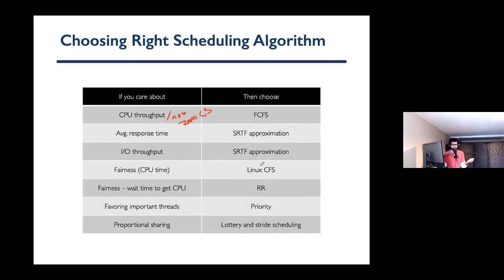So if you run them for a long time, and then you look at the actual time each task got on the CPU, stride scheduling and weighted max-min fairness probably give you the same numbers. But there are two differences. One, in stride scheduling, we had a fixed length of time quantum.